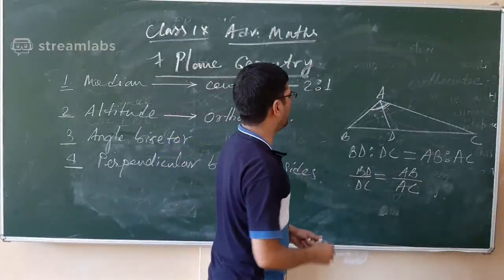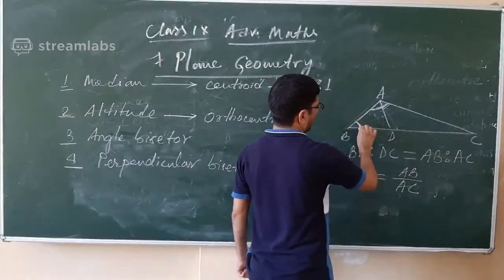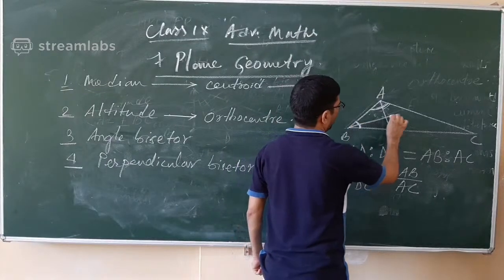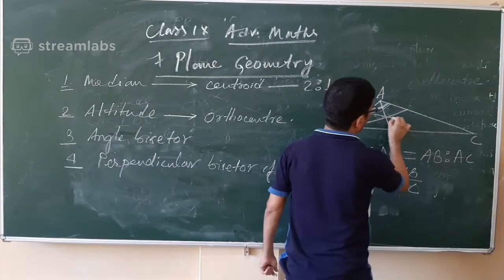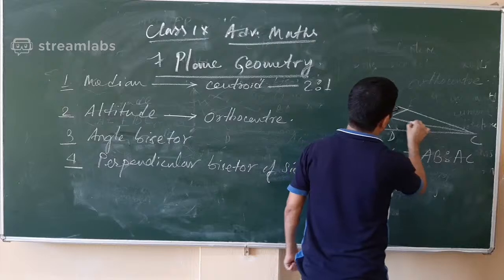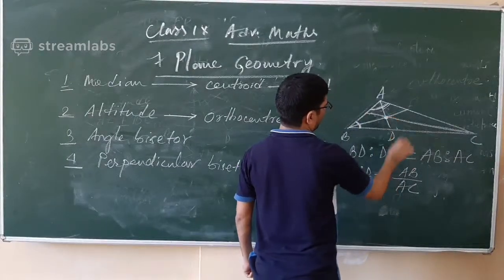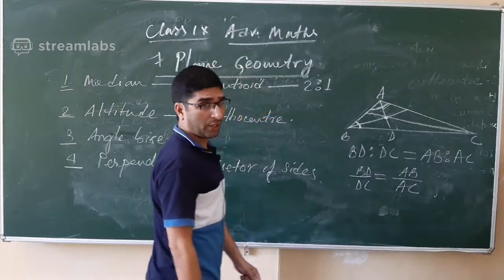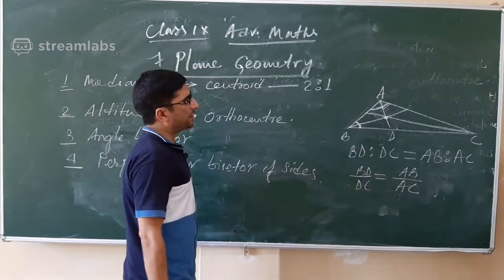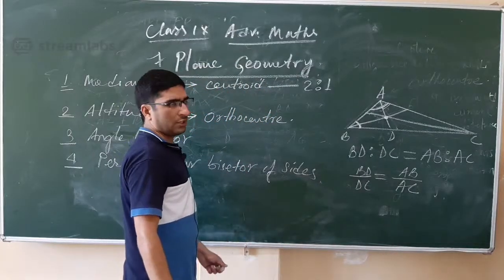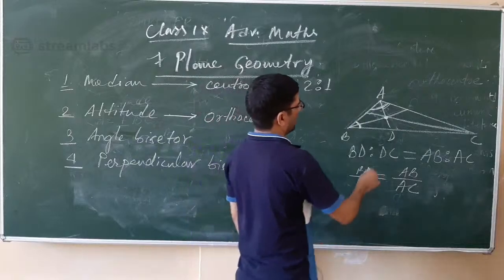Now, if the three angle bisectors from each vertex meet at a point within the triangle, then this meeting point is called the incenter.